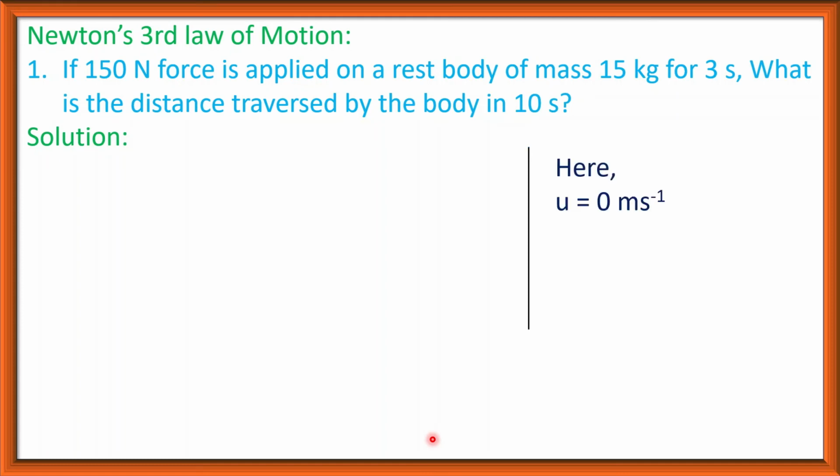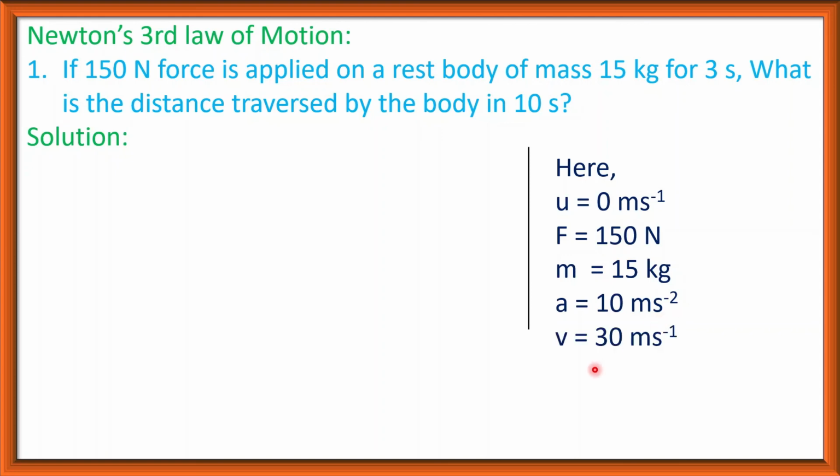Now initial velocity is 0, F is 150 Newton, mass 15 kilogram. Acceleration of the body is 10 meter per second square. We have determined it, and velocity after 3 seconds is 30 meter per second. Now we will calculate the distance traversed by the body in 10 seconds.